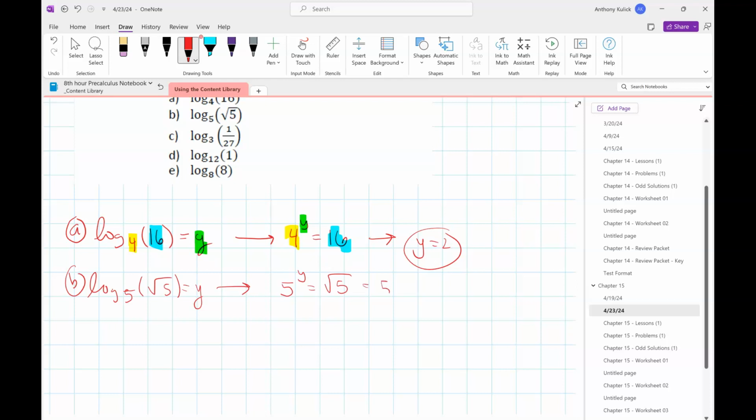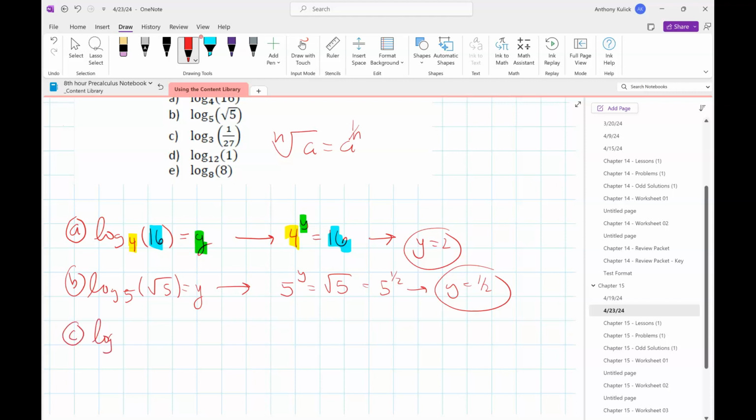Remember that radical is the same thing as a fractional exponent. Remember that rule for exponents there? That a radical, like the nth root of a, is a to the 1 over n.